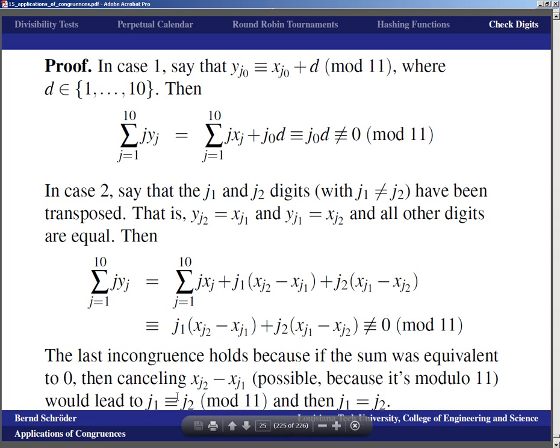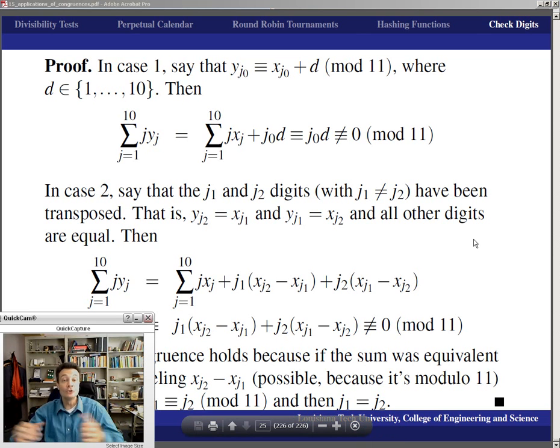And that would lead to j1 equals j2 modulo 11, and then, of course, because the indices are between 1 and 10, that would give us that j1 is equal to j2. And that's the end of it, at least for these applications of congruences.